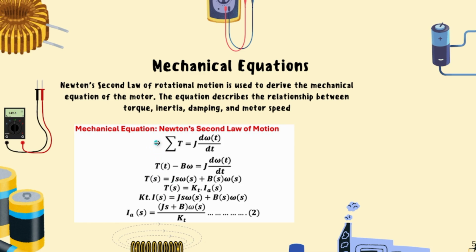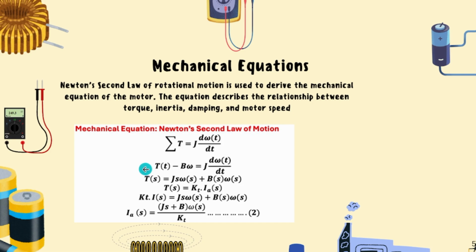According to Newton's second law, the sum of torques equals the inertia multiplied by the angular acceleration. So here J represents the motor inertia and d omega of t over d t represents the angular acceleration.